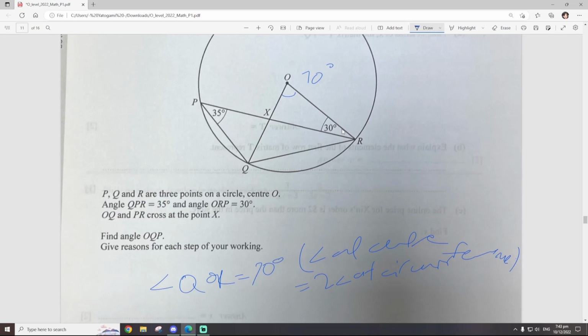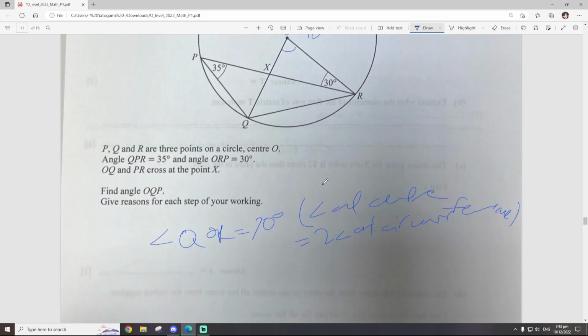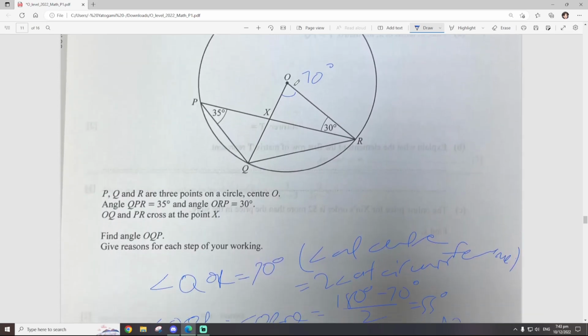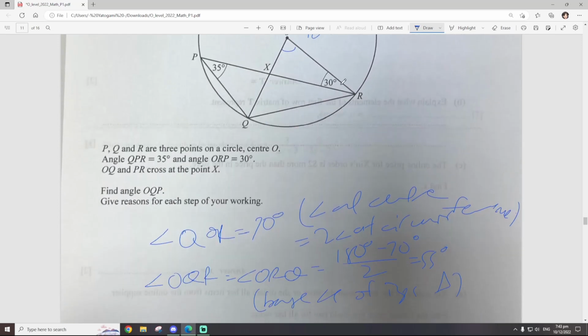And one has angle OQR equals angle ORQ equals 180 degrees minus 70 degrees divided by 2, which is 55 degrees. Base angles of isosceles triangle. Right? So this is 55. And this here is 25. Right?